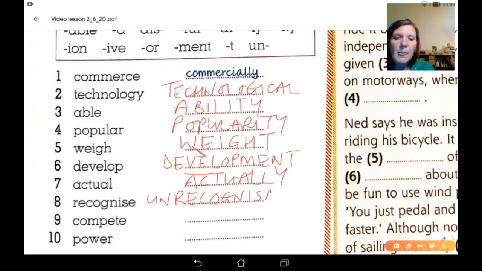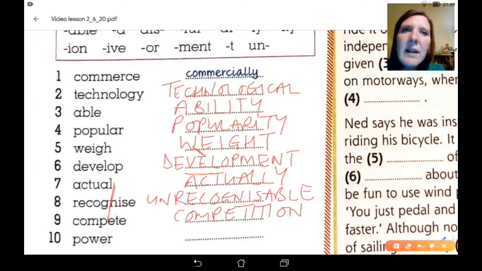Let me just repeat the pronunciation for you. So remember, not recognize, but recognize. You have to separate the G from the N. So this word, unrecognizable. All right. Number 9, it's now in competition. And number 10, powerful.